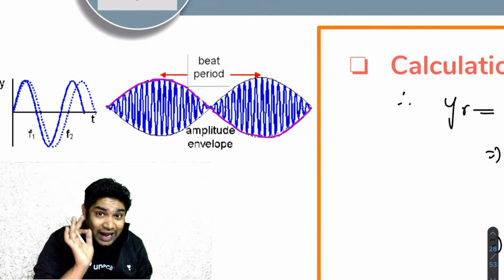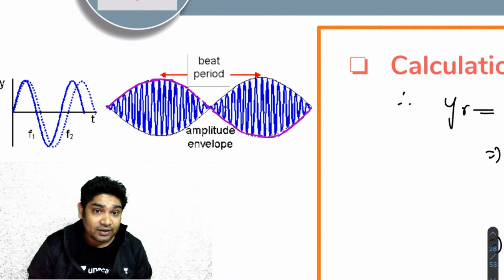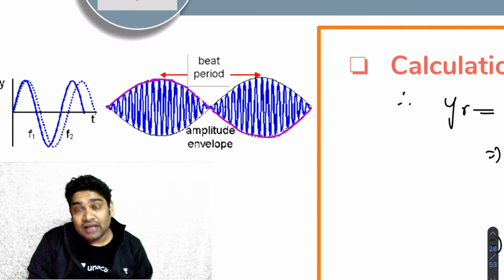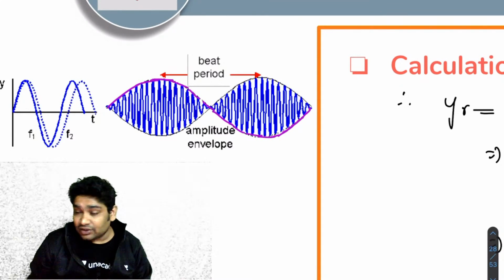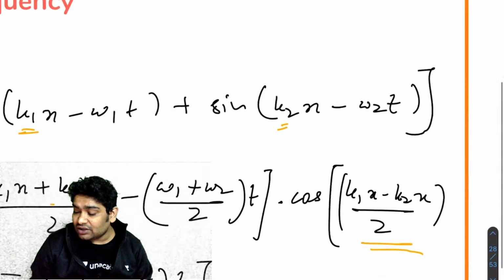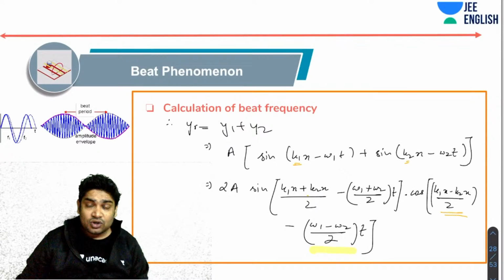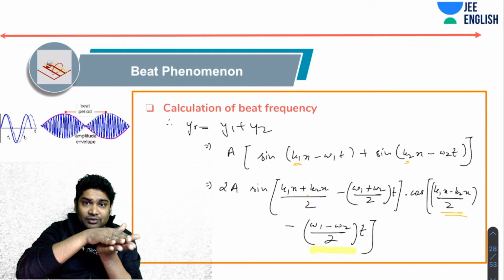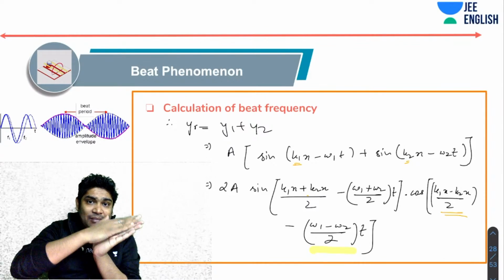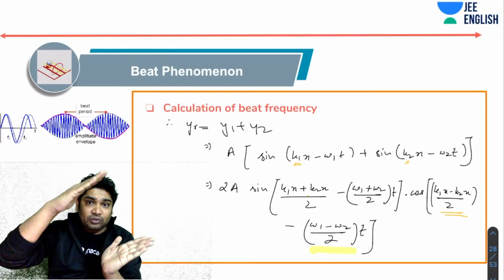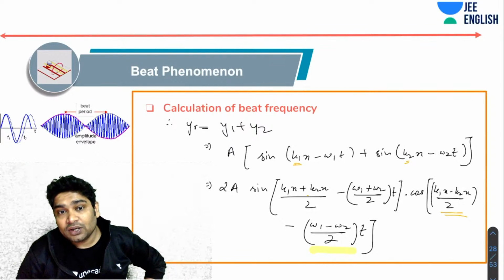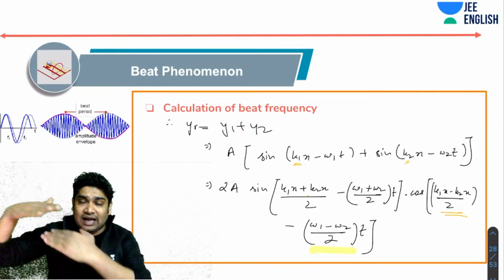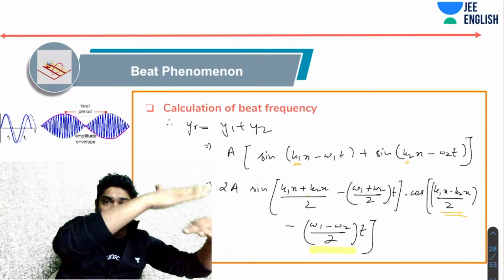This is the amplitude at a fixed point, so the x is fixed. The amplitude at any point now varies with time. In fact, the entire amplitude of the entire wave goes from 2a to 0 to 2a to 0 to 2a. Okay. So your wave is traveling, but the wave's amplitude constantly keeps on changing.